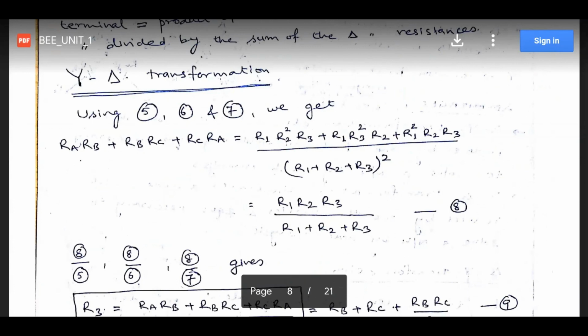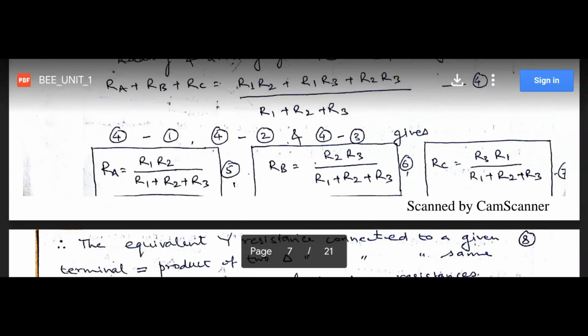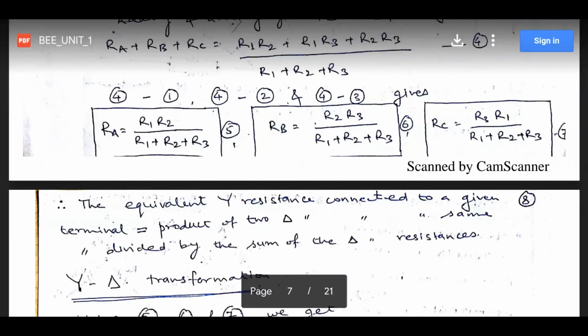So in equations number 5, 6 and 7 we have the values of RA, RB and RC. What we will do is multiply these values and then add them. We are going to multiply equation 5 and 6, equation 6 and 7, and equation 7 and 5, so we will get RA RB, RB RC and RC RA.